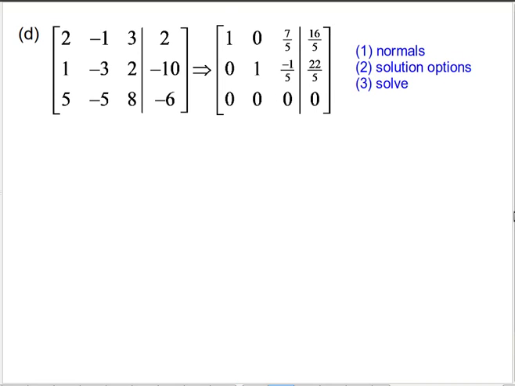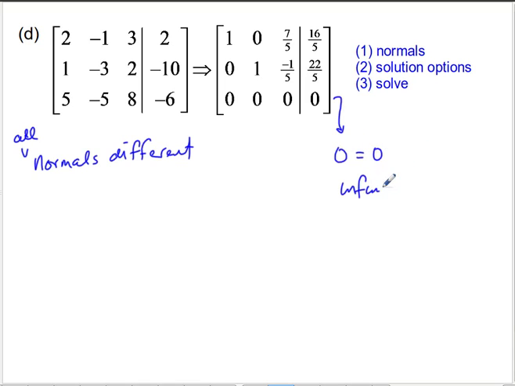And I think this is our last example. I take a look at my normals first of all, and again I can see they're distinct. So let's be more specific, all normals are different. I take a look here, and I have 0 equals 0, and that tells me infinite solutions.